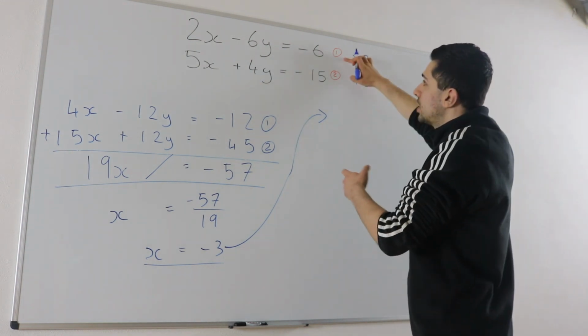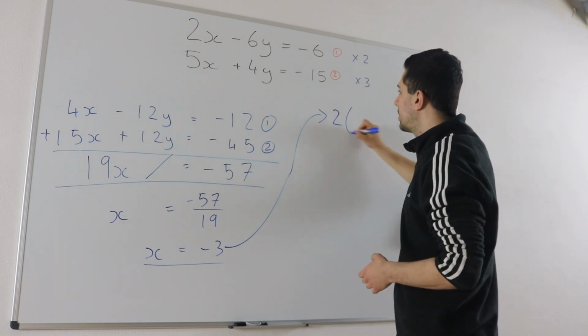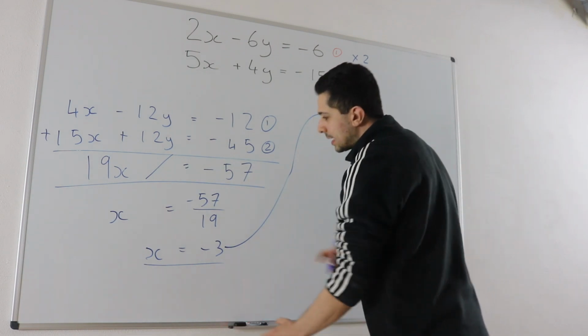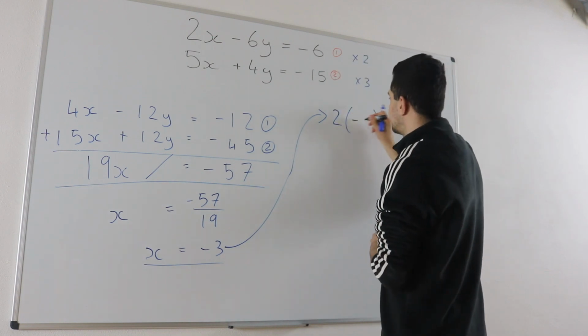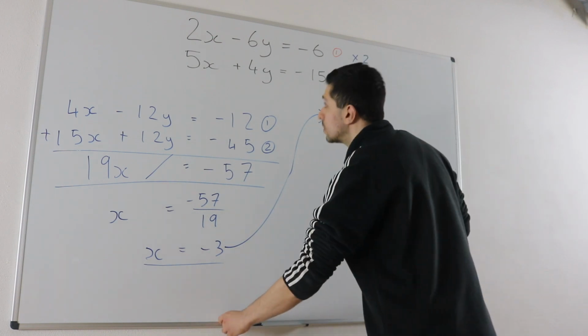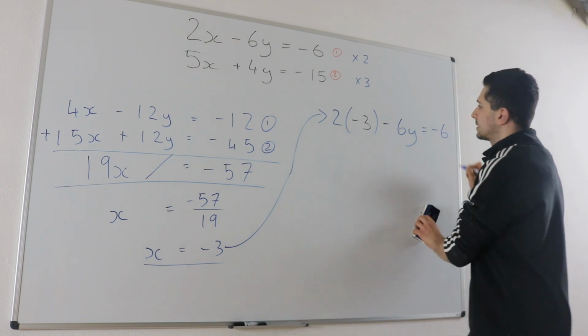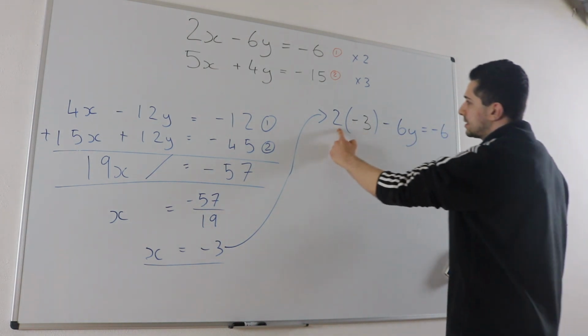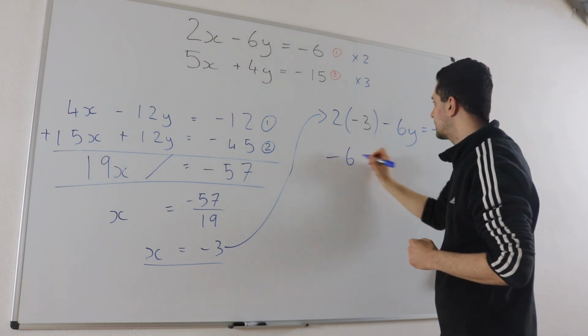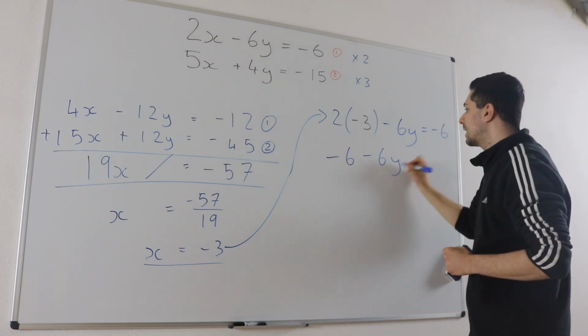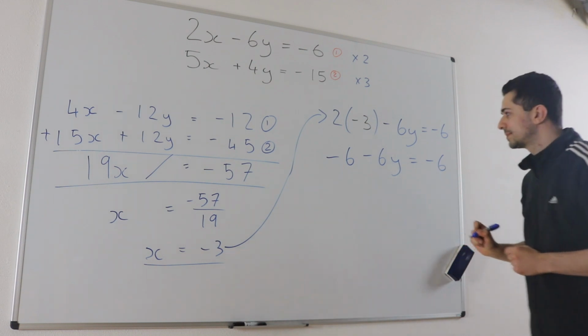So let's go with equation 1. I have 2 open brackets. Instead of x, I will put minus 3. Minus 6y equals minus 6. Minus 3 times 2 is minus 6. Minus 6y equals minus 6.